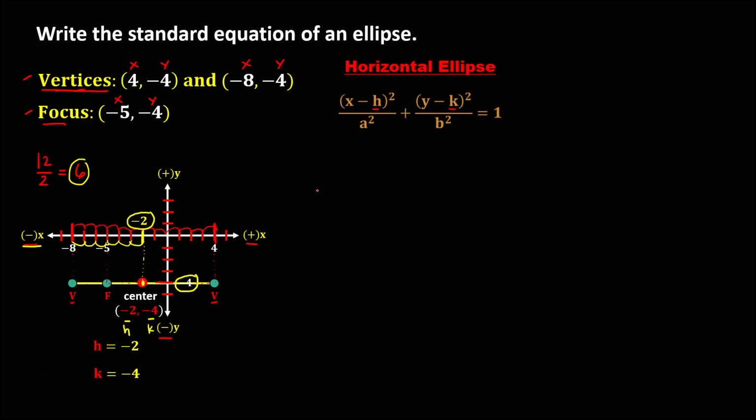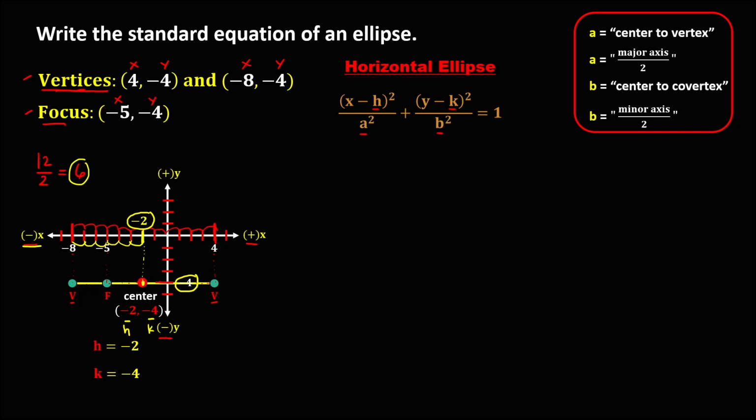Then this time we need to find the values for a and b. So using this formula to find a and b. So for a, center to vertex. Since we have this given vertex, we can solve for a using this formula.